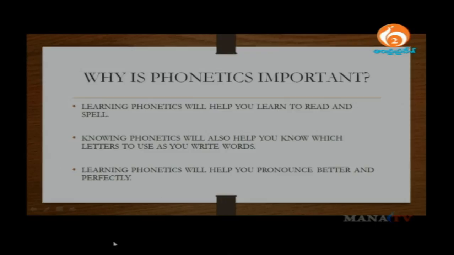The third point, as I said: the first point is all about reading and writing, the second is about knowing how you are writing words, and the third is that learning phonetics will help you pronounce better and perfectly. Because we all have something called stage fear. When somebody asks us to come onto the stage, we never come and talk, because we have that little fear: am I talking well?